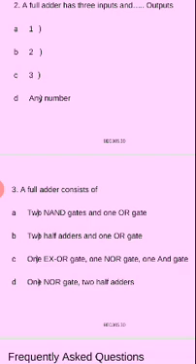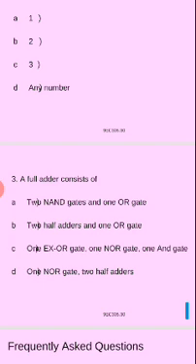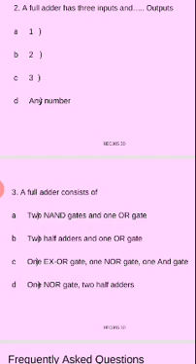Next, third quiz. A full adder consists of: two NAND gates and one NOR gate; two half adders and one OR gate; one XOR gate, one NOR gate and one AND gate; one NOR gate, two half adders.